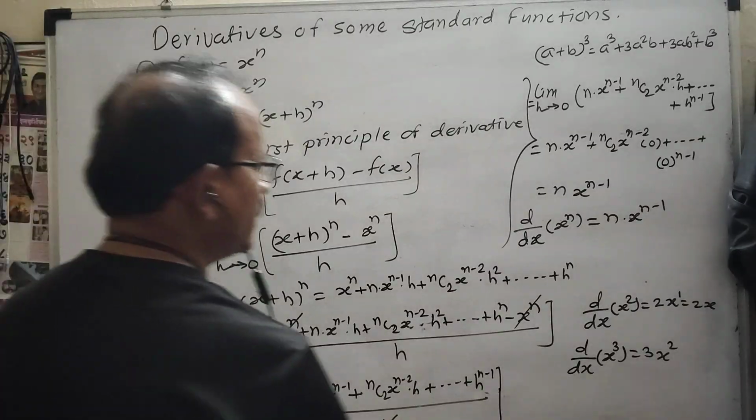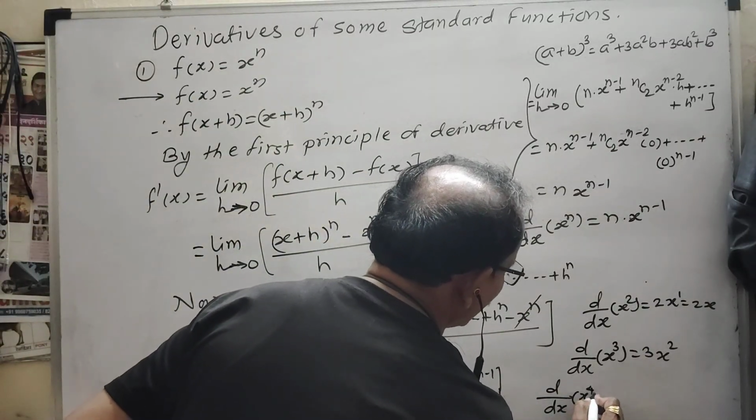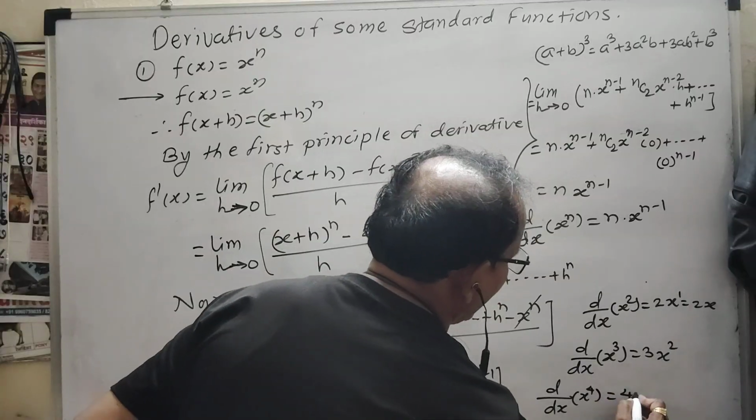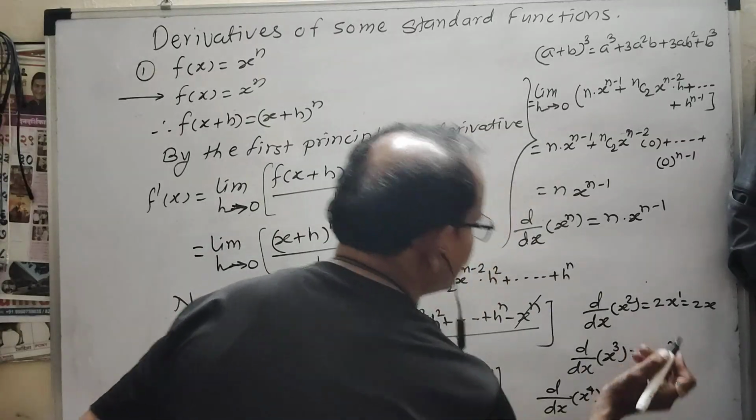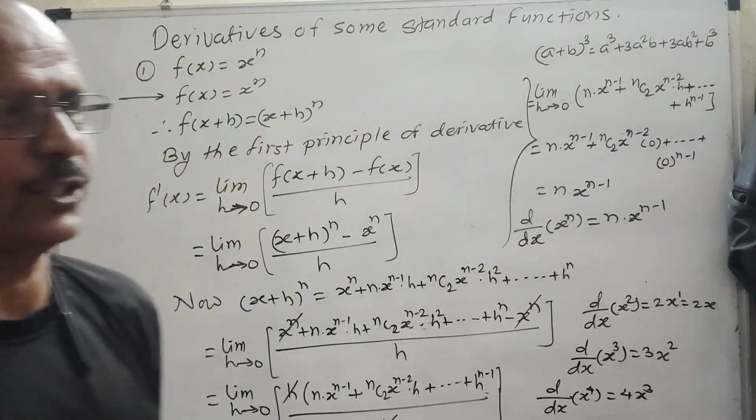Yes, d by dx of x raised to 4 which is 4 x raised to 4 minus 1, 3. It is a from the standard function x raised to n.